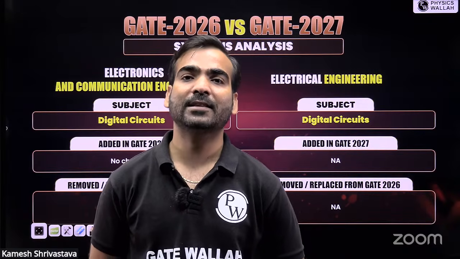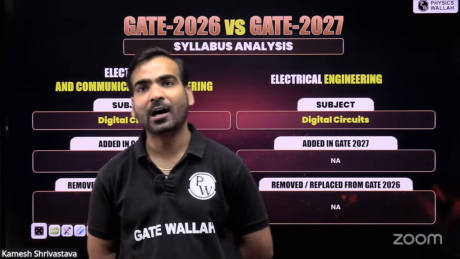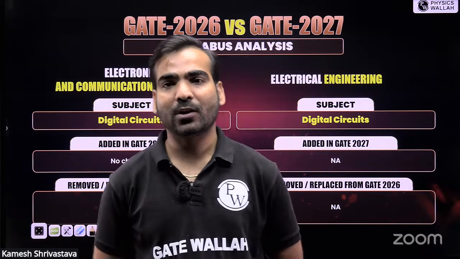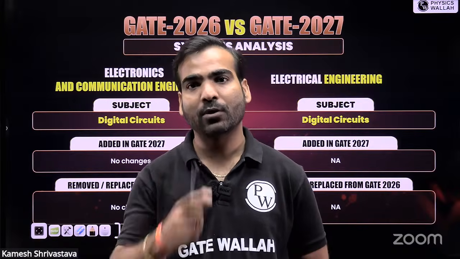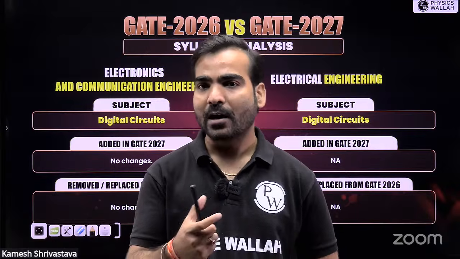Let me resolve it. The student is asking, sir, I was enrolled in the 2026 batch, and that batch validity is over. Now how will he prepare the topics which are newly added in the syllabus? The ultimate solution is you can take the help of your friend and take the PDFs of the notes. How will it help you? Your foundation is already developed. You already have mastery in 10 to 8 subjects, right?